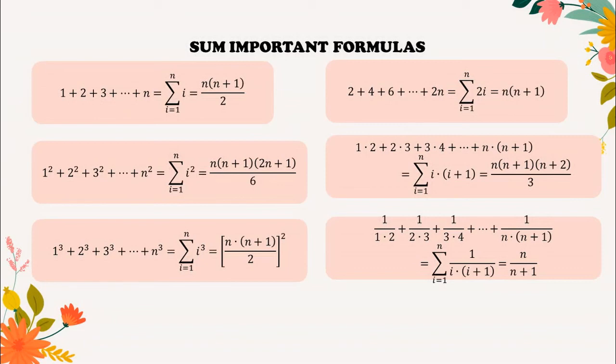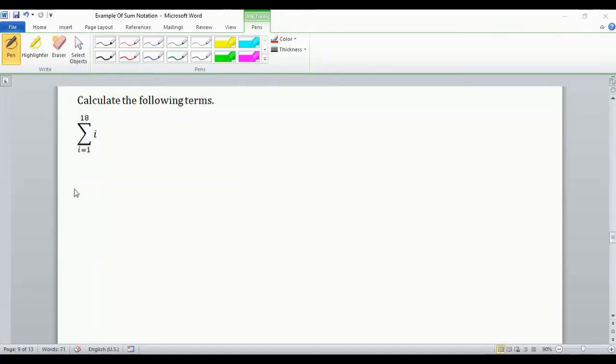So without further ado, let's jump to another example. Calculate the following terms. In this example, we have the sum of e from e equals 1 until 18. We can use the manual way first and then the second with the important formula. From the manual way, the starting point is 1, so we can write 1 plus 2 plus dot dot dot until 18, right?